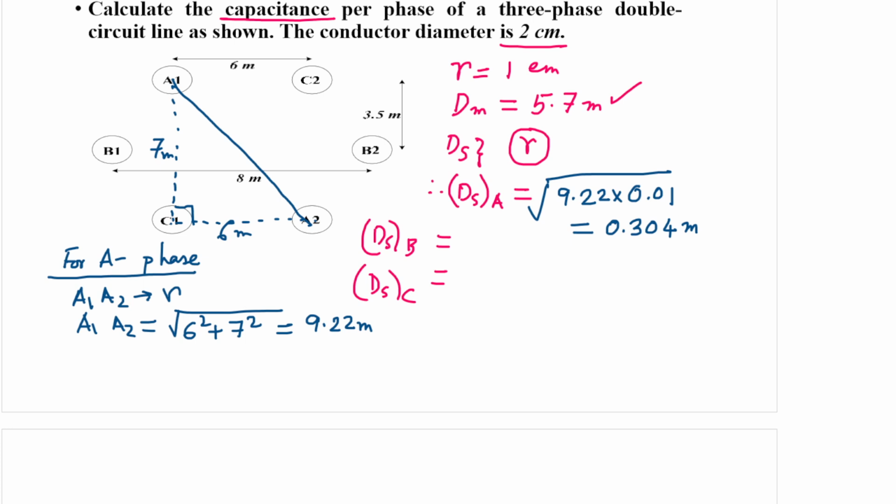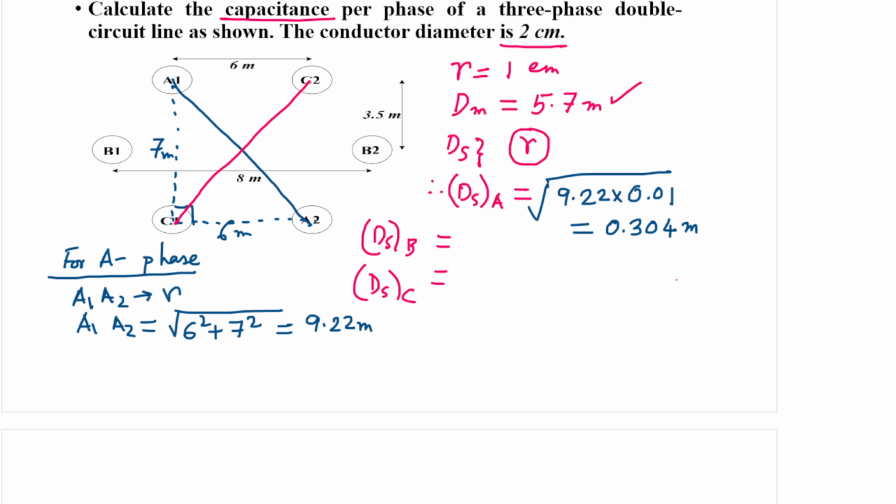And I think you can understand this fact that this will repeat for C1, C2 as well.